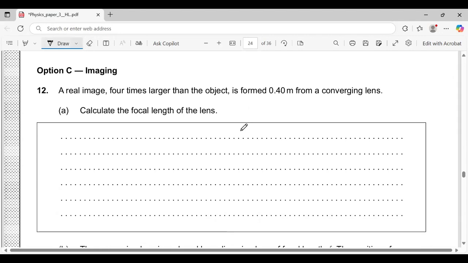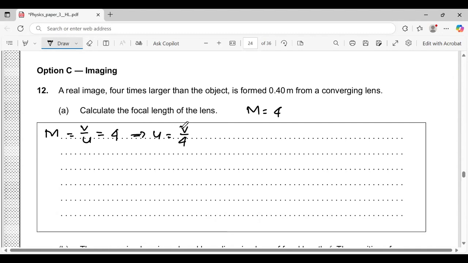I will use when the magnification equals 4. So m equals v over u, and it is equal to 4 based on this statement. So it means u equals v over 4.